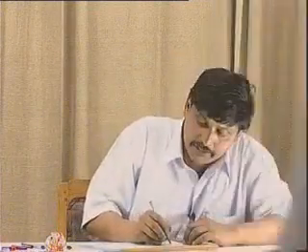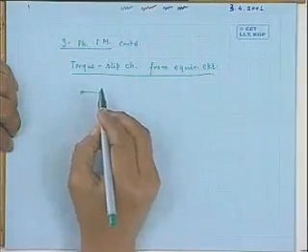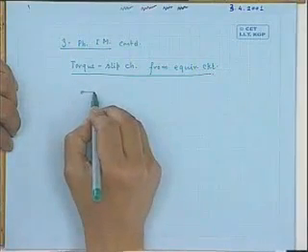So we were discussing the torque slip characteristics of the induction motor, which we obtained from the equivalent circuit calculations. To begin with, we considered a very simple equivalent circuit neglecting the stator impedance.